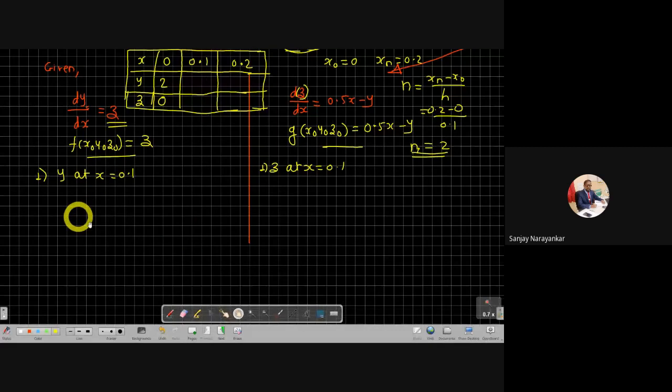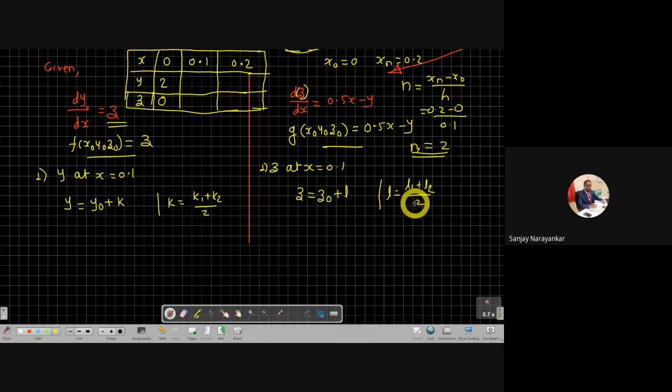See, carefully लक्ष द्या. So y is equal to y0 plus k. What's the k? K is equal to k1 plus k2 by 2. And here z is equal to z0 plus l, where l is equal to l1 plus l2 by 2. ठीक है, simultaneous. Now we have to find out k1.